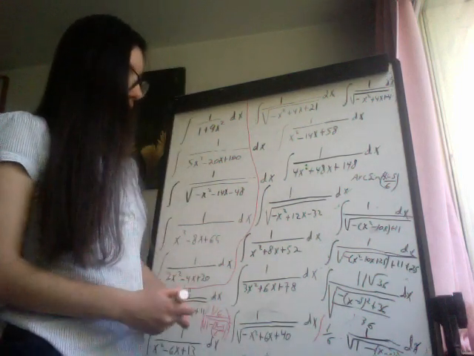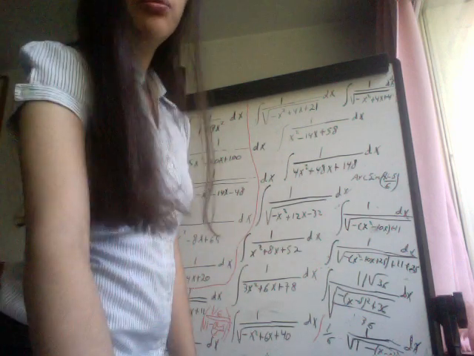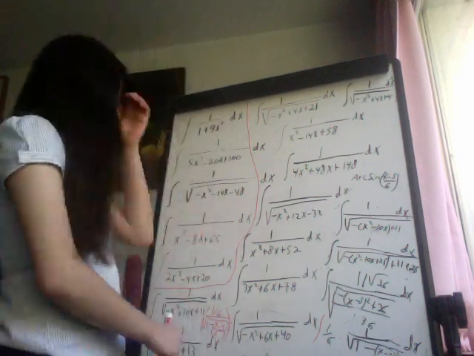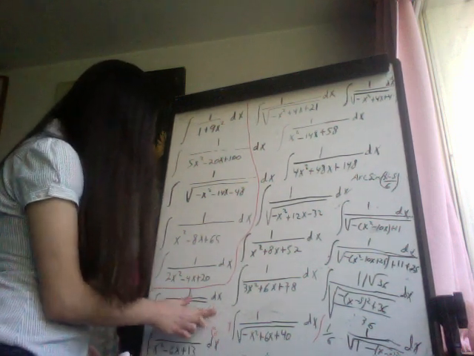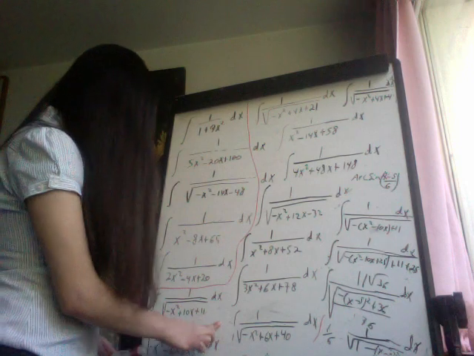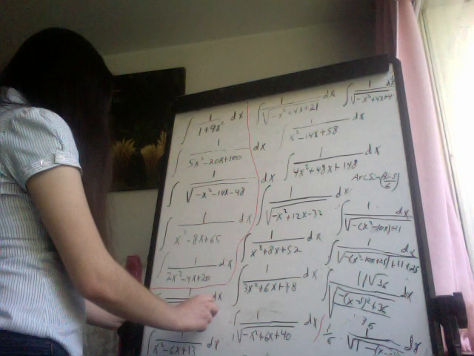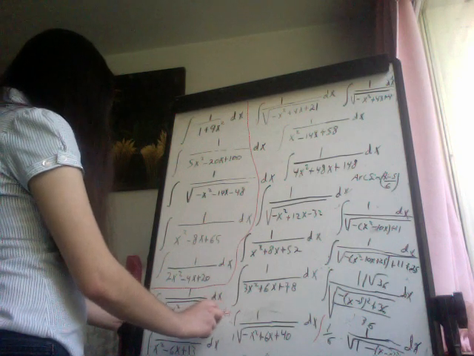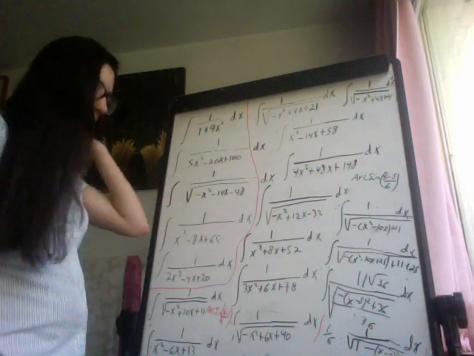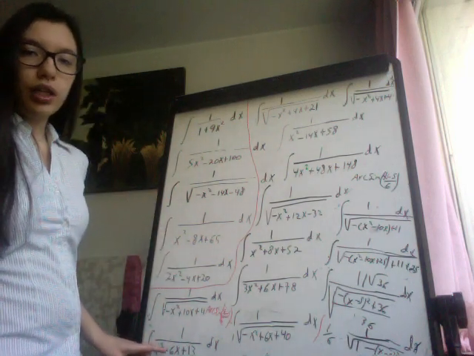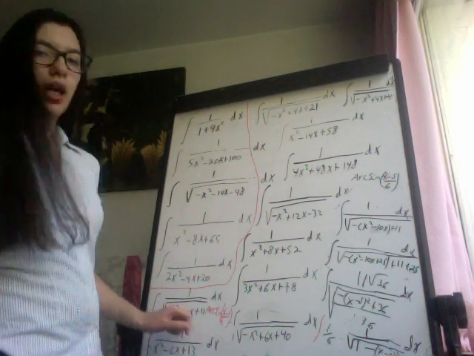And now this is exactly the derivative of arcsine of (x minus 5) divided by 6. So the integral of this is arcsine of (x minus 5) divided by 6. That's it. Alright, the next one is the indefinite integral of 1 over x squared minus 6x plus 13 dx.